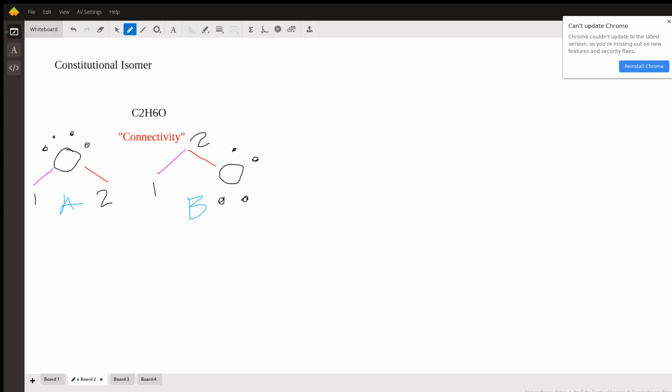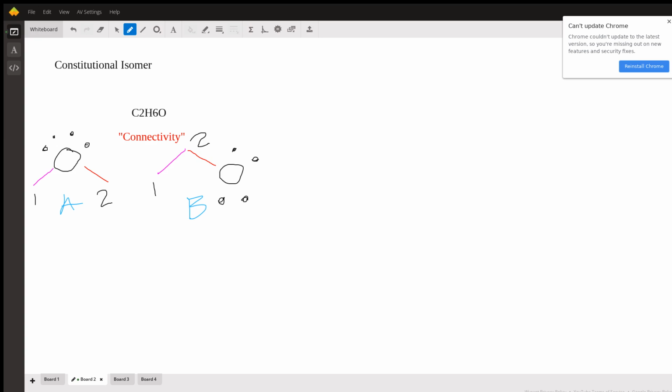We get drunk off of ethanol all the time. So you have different structures, and the different structures give you two different names. Figure A is dimethyl ether because ether is the functional group, and dimethyl because it has two methyl groups, the purple and the red carbon.